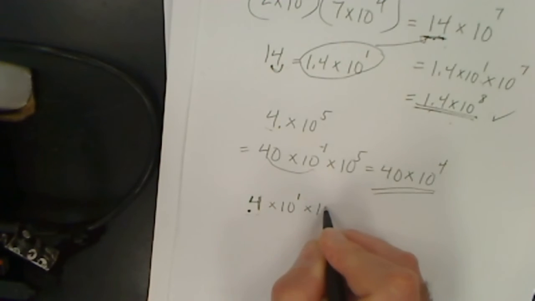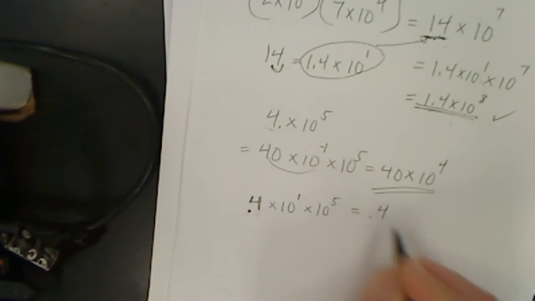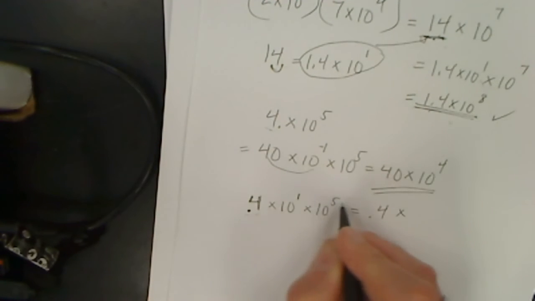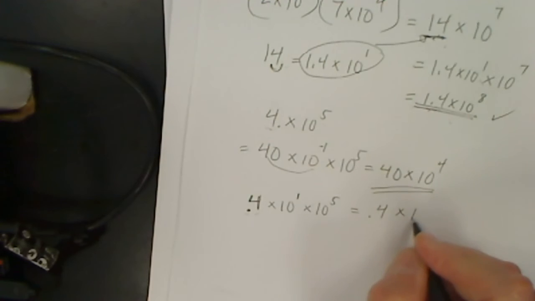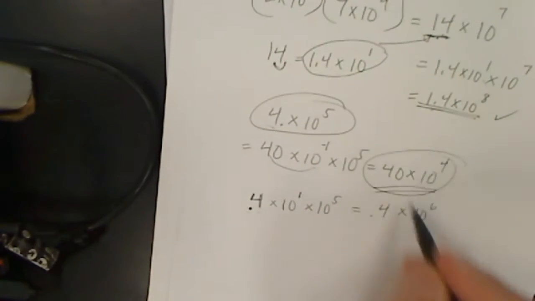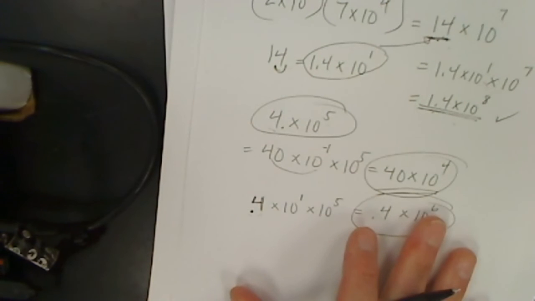So then we have times 10 to the 5th. So it's 0.4. And this time we're going to add the 1 and the 5 together. What do we get? 10 to the 6. Yes, right? So all of these are the same number.